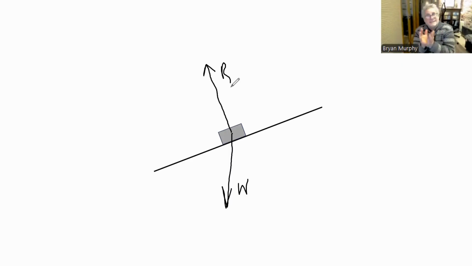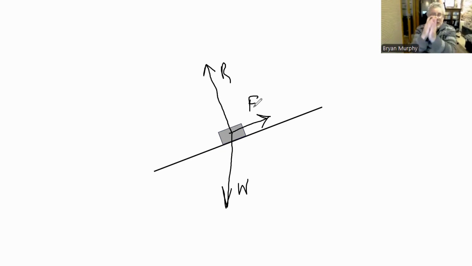If it is stationary, there's a frictional force acting up the slope, trying to stop it going down the slope. Or if it is sliding down the slope, there's a frictional force opposing that, equal and opposite. The resultant force of those three forces is 0. That's a diagram that lots of people struggle with.